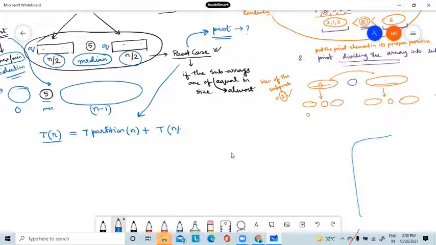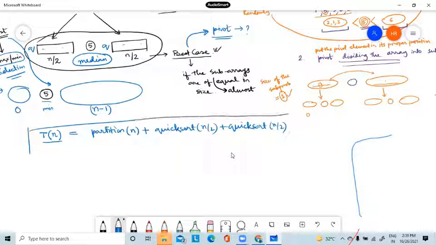So first the time required to partition n elements, then the first quick sort, time required to sort n by 2 elements, then the second quick sort. So let us write it like this: partition for n, then quick sort for n by 2 plus quick sort for n by 2.